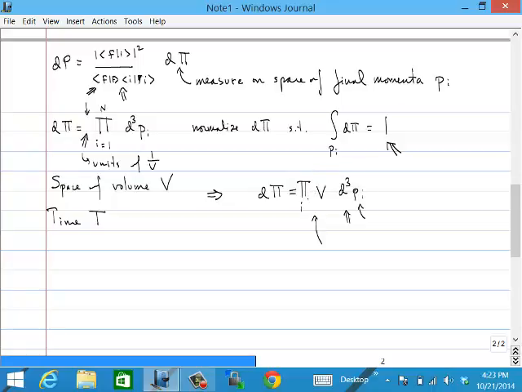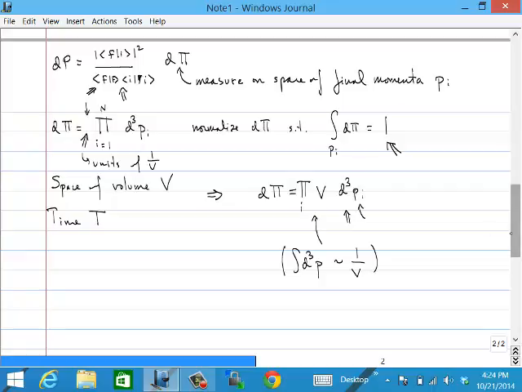So p has dimensions of 1 over length, so p cubed has dimensions of 1 over volume. So you need a factor of V there, not 1 over V. Okay. The point is that schematically, you should think of the integral d³p as going like 1 over volume. Okay. Good. Okay, sorry about that. Other questions?